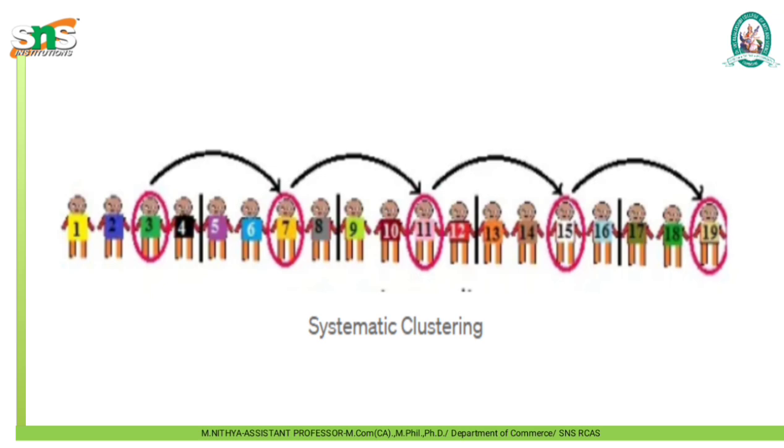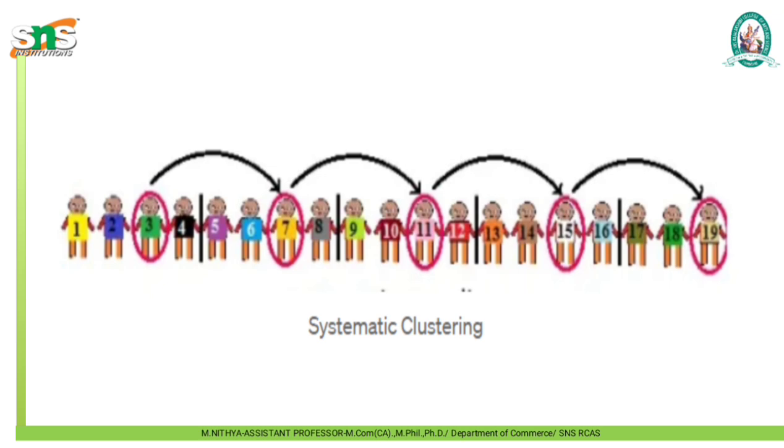Systematic sampling has three types. One is systematic random sampling, linear systematic sampling, and circular systematic sampling. Systematic random sampling is a method to select the sample at a particular preset interval. As a researcher, select a random starting point between 1 and the sampling interval.